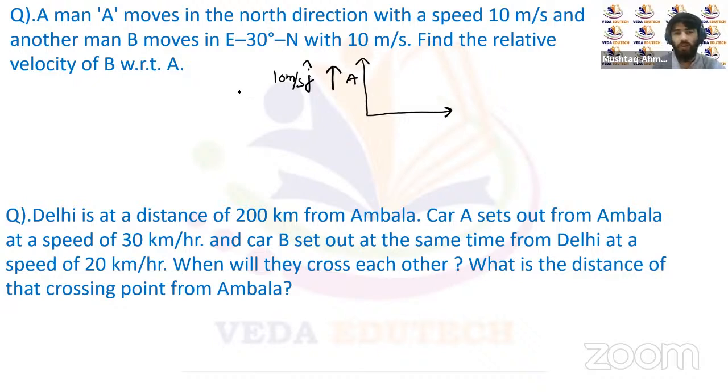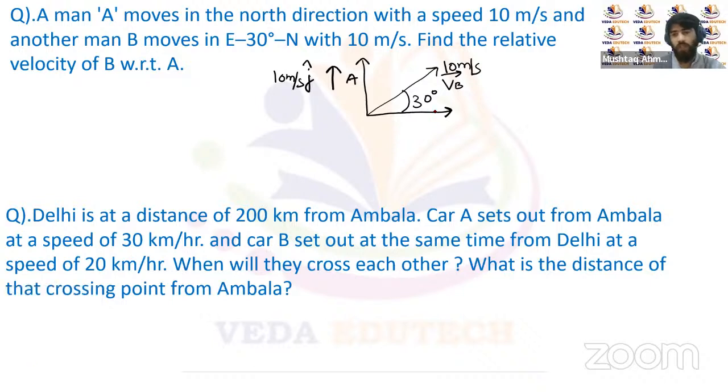It will be like this, making an angle of 30 degree with the east here, with a speed of 10 meter per second. This is the velocity of B, and we can resolve this velocity into two components.